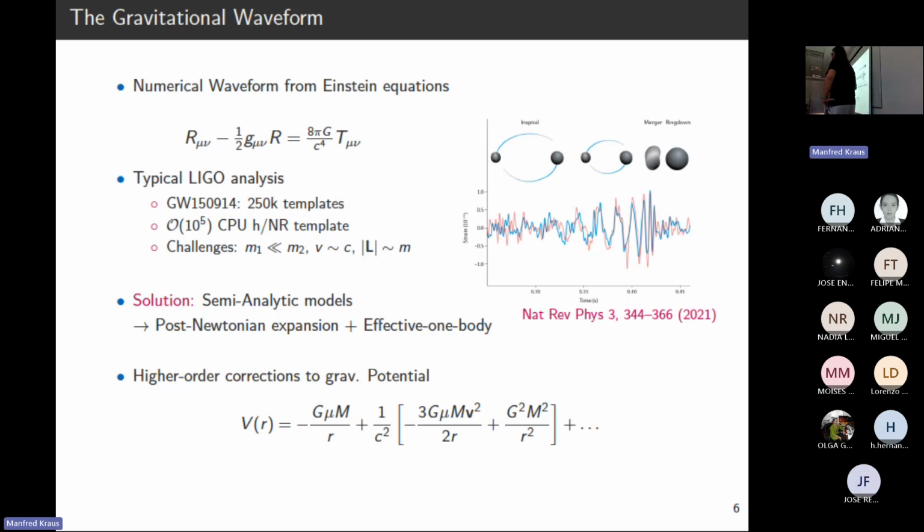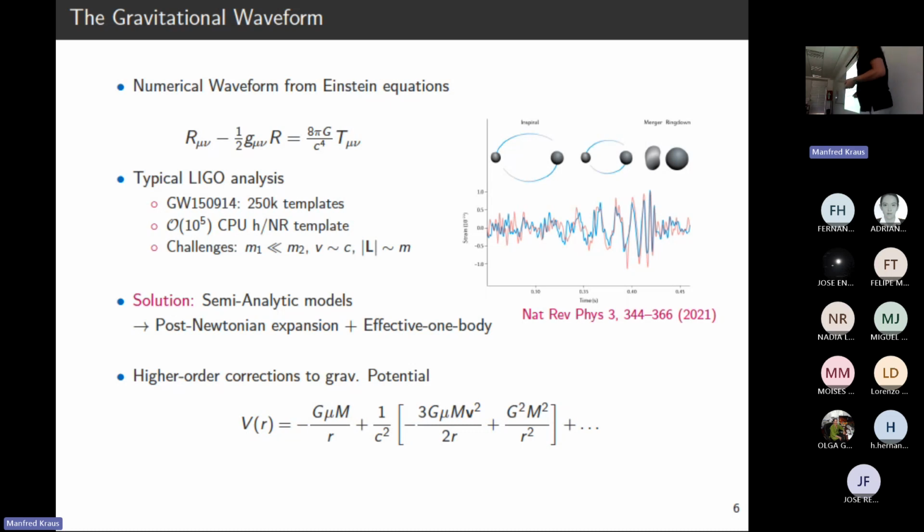On top, you will have problems in challenging configurations, like when one black hole is much heavier than the other one, or you have a system that is very fast, near the speed of light, or in the case of spinning black holes, if they have the maximum allowed theoretical angular momentum. In these cases, these numerical simulations become really difficult.